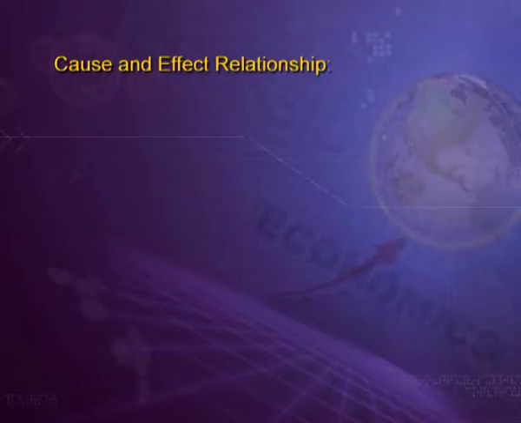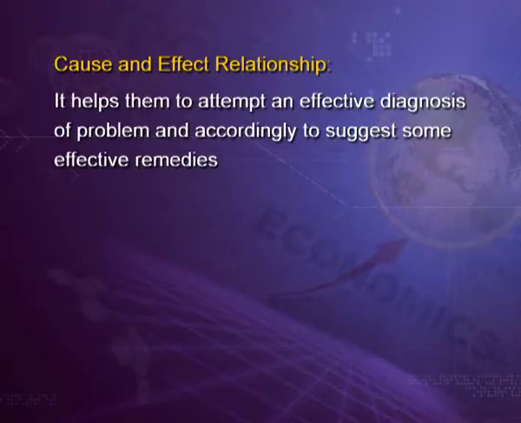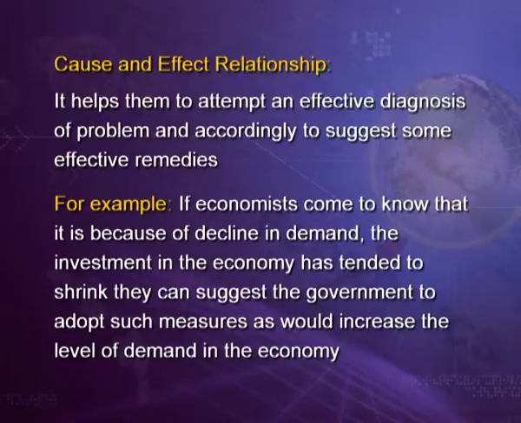The next most important part is that it tries to explain the cause and effect relationship. Simply, while talking about cause and effect relationship, it helps them attempt an effective diagnosis of a problem and accordingly suggest some effective remedies too. For example, if economists come to know that because of a decline in demand, investment in the economy has tended to shrink, what can they do?